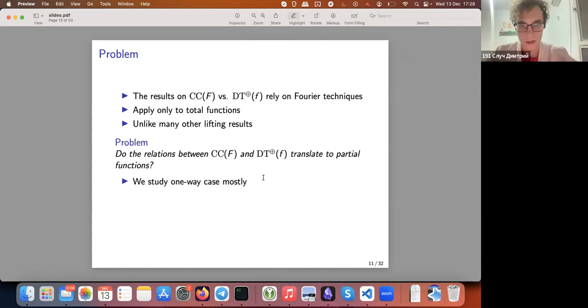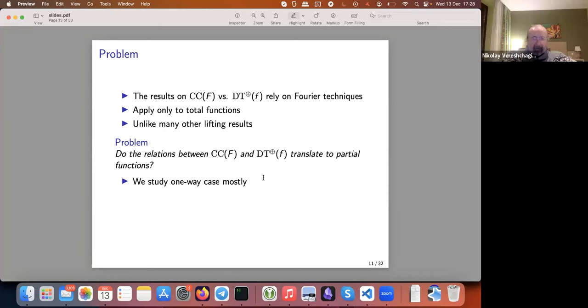For XOR functions, it is not known for partial functions. And there are other gadgets like equality and disjointness, I think, for which it is known for partial functions also. So this slide, and I guess that all cover slides are about XOR function, XOR gadget. Yeah. So we will talk about only XOR gadgets.